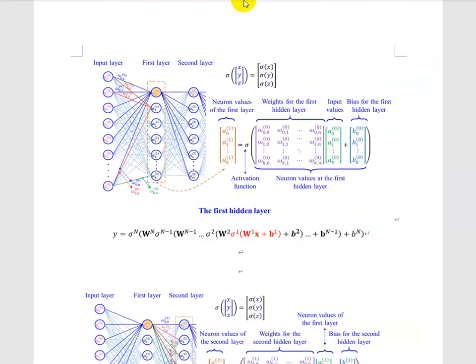Let's take a look at the artificial neural network here. The neuron values on the first hidden layer, this one, are calculated using the weight matrices that connect the input layer to the first layer. As you see over here, this is the weight matrix that connects the input layer to the first hidden layer.